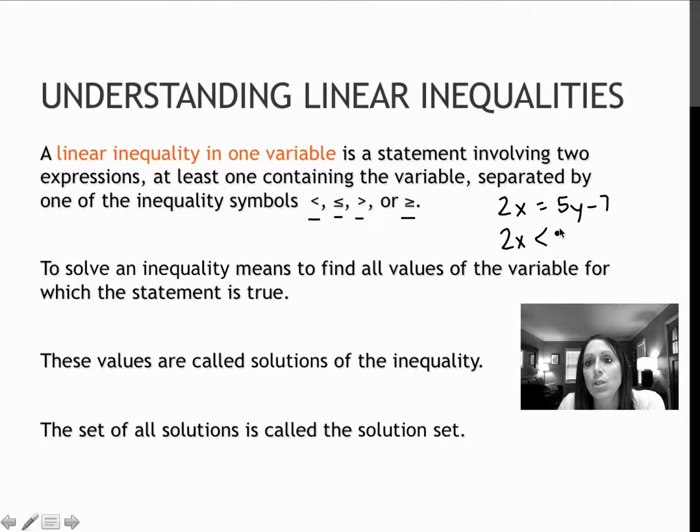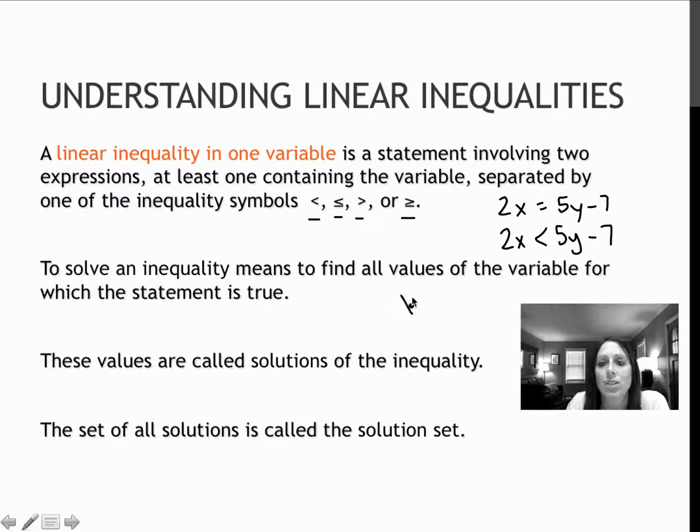So it's exactly the same as, say, 2x equals 5y minus 7. Instead, now we're going to say 2x is less than 5y minus 7. So it's the same idea that we had with an equation, but it's going to have an inequality symbol instead. What's different about an inequality is that instead of having just one answer or two answers, quite often, or all of the time really, you're going to have a whole range of answers.